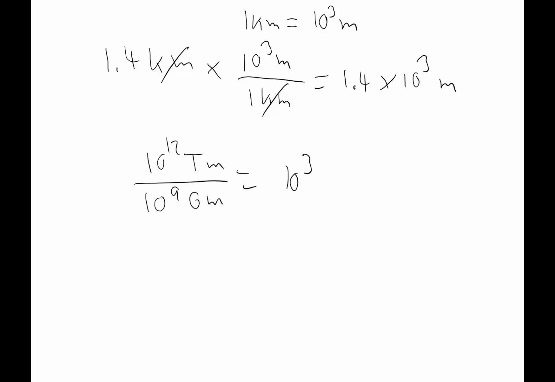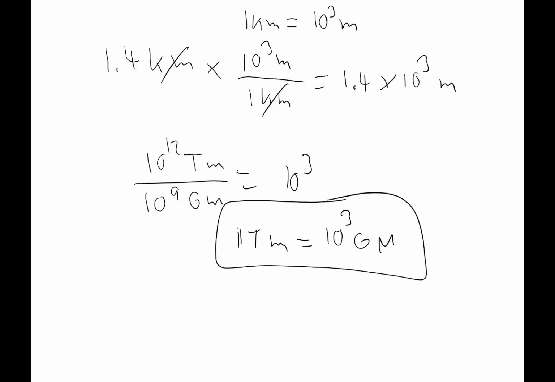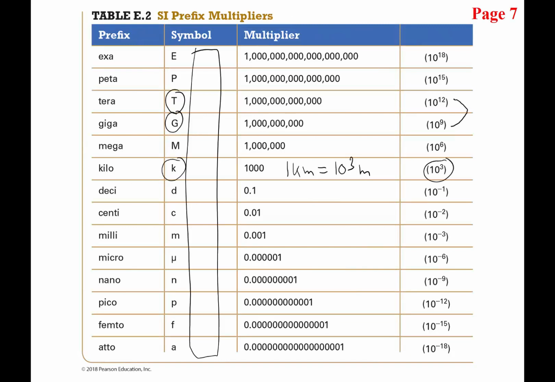So that means that 1 terameter equals 10 to the 3 gigameters, and you kind of get that from looking at that table. You see there is a factor of 1,000 between these two.